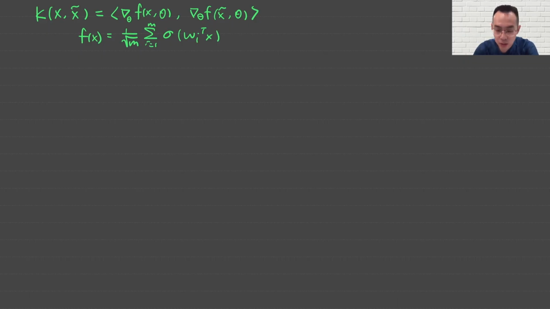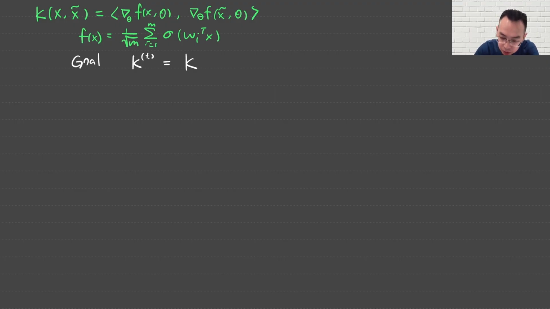For the next part of the video, the goal is to show that the kernel matrix K stays constant during the gradient descent training. We want to show that K at the t-th step of gradient descent equals K. In order to do that, we have two steps.